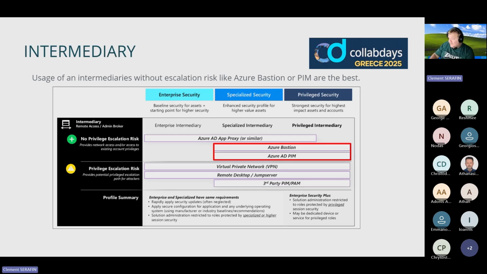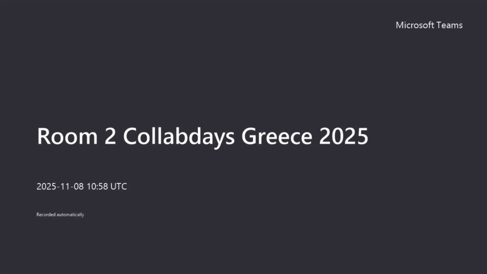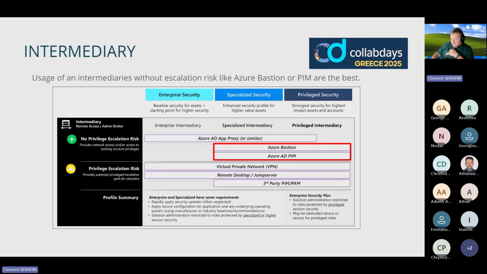And it can also detect if anything wrong has been done if you ask it. As well, we will use PIM. Why? Because we want only just-in-time permission as intermediary. You have some other intermediaries, but they are identified by Microsoft as privileged.